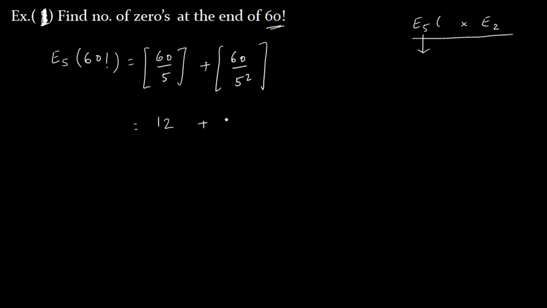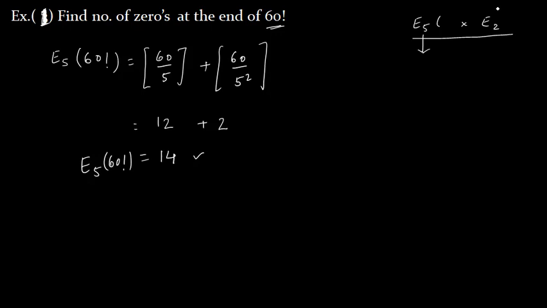We remove the decimal part because this is the greatest integer function, so we simply write 2. So this is 14. Basically, the exponent of 5 present in 60 factorial is 14, so the number of zeros is also 14.